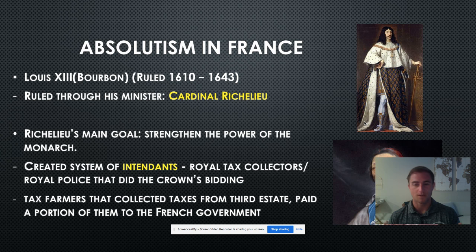Which is key. We see this in all these different European states, and this is how France does it. Louis XIII is going to rule through his minister, Cardinal Richelieu. And Cardinal Richelieu, his main goal as the minister of Louis XIII is to strengthen the power of the king, to make sure that the monarchy is the unquestioned power.